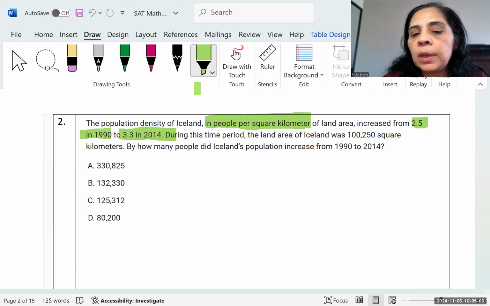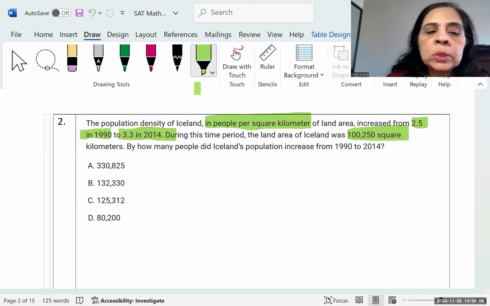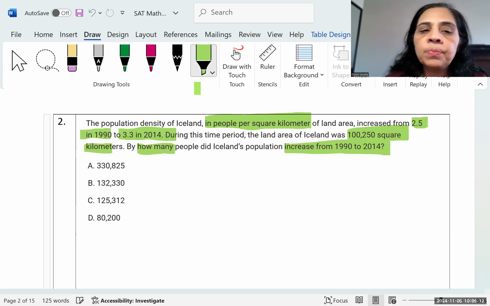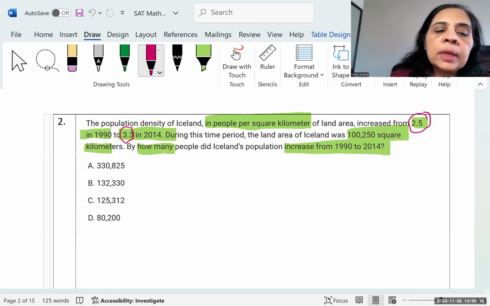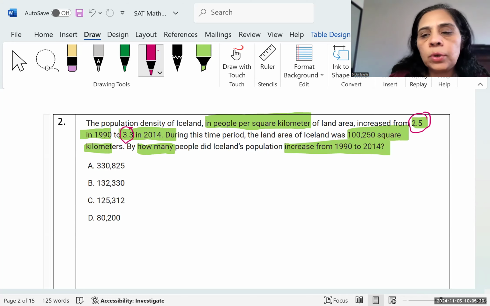During this time period, the land area is 100,250 square kilometer. By how many people did island's population increase from this? So first thing we need to find increasement, how much increase from 1990 to 2024.